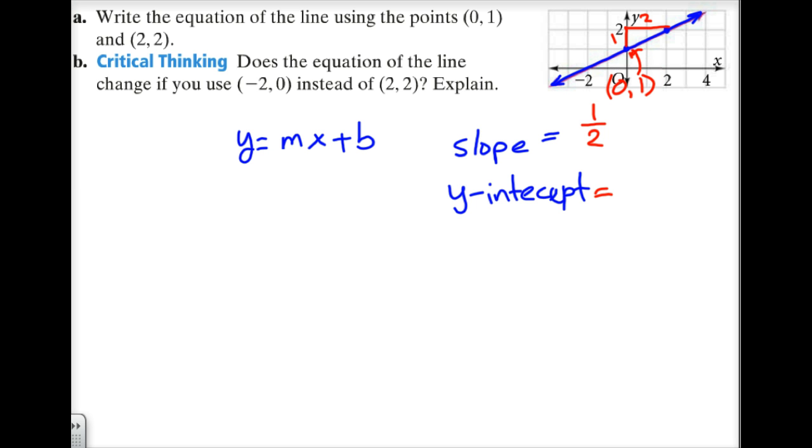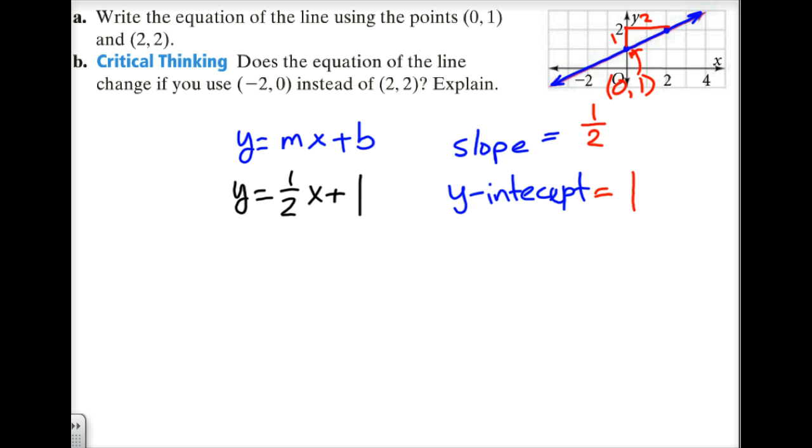So our y-intercept, again, would be positive 1 when we plug it into the equation. So to plug it into the equation, we get y equals 1/2, there's our slope, times x, plus the y-intercept of 1. Now, critical thinking here says, does the equation of the line change if you use negative 2, 0 instead of 2, 2?